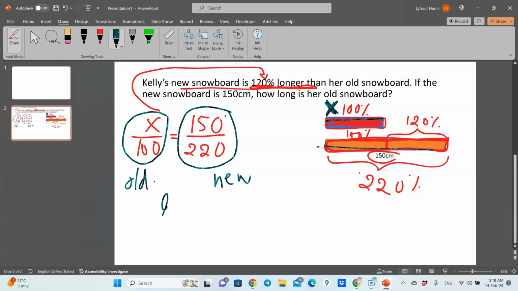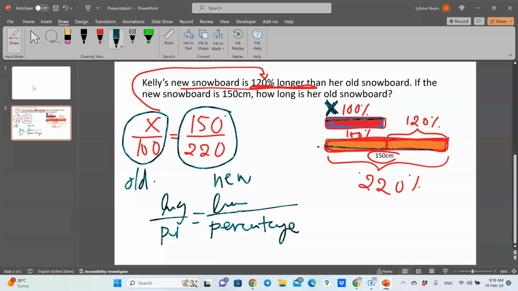It means length over percentage of the old one equals length over percentage of the new one. Do you agree with this first?